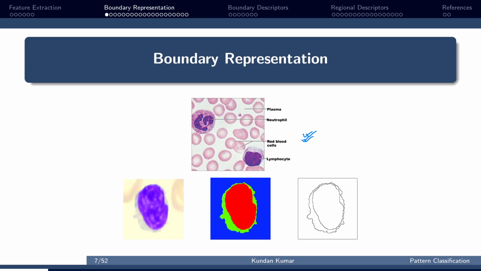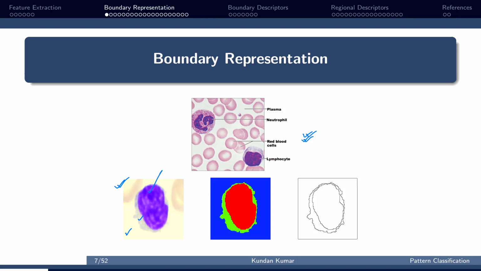If we extract a cell from that smear image, the cell has a nucleus, cytoplasm, and the background. So we can apply some pre-processing so that we can extract useful features from the pre-processed images.